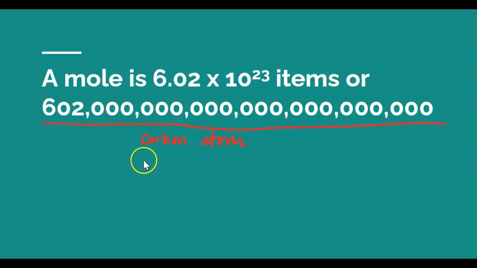I can also have a mole of water drops. I could have a mole of students. It makes no difference what it is that you are describing, as long as the quantity is always the same, and it will always be this number.